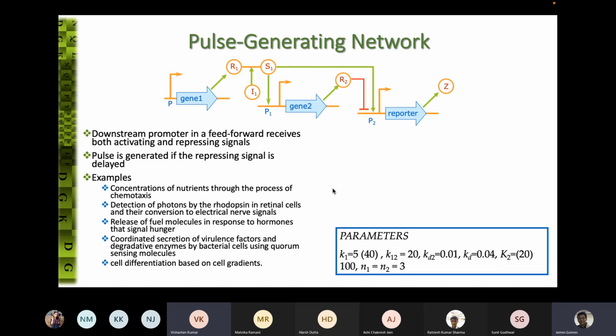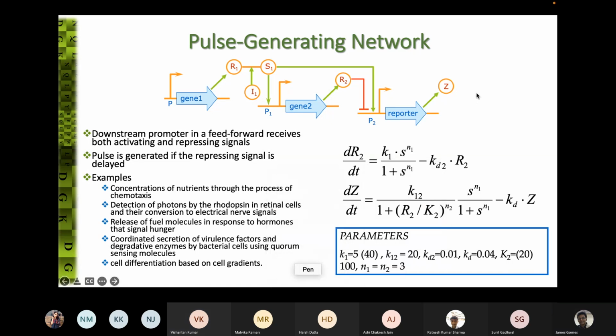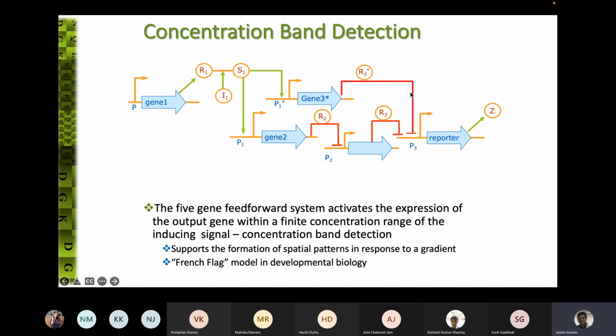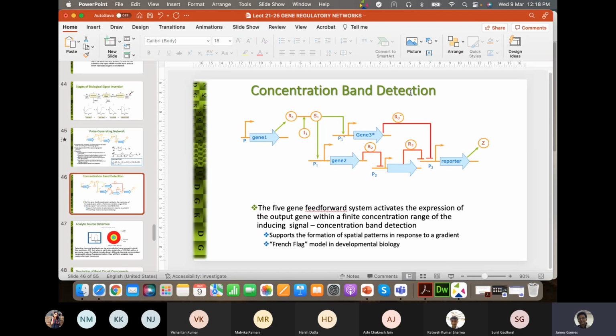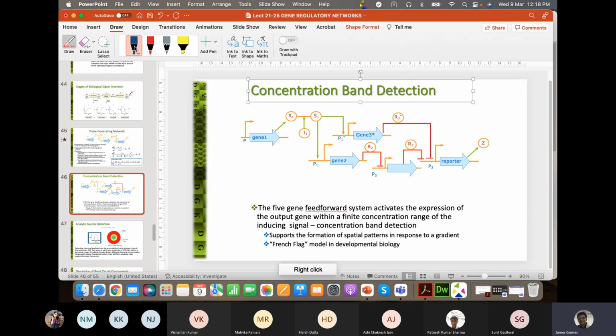Maybe I'll draw it out. Let me see if I can draw this out. Can I do this? Oops. I always get this problem when I come to this page. Maybe I have to escape from here and I go to this. I have two touchpads from which I always get confused.